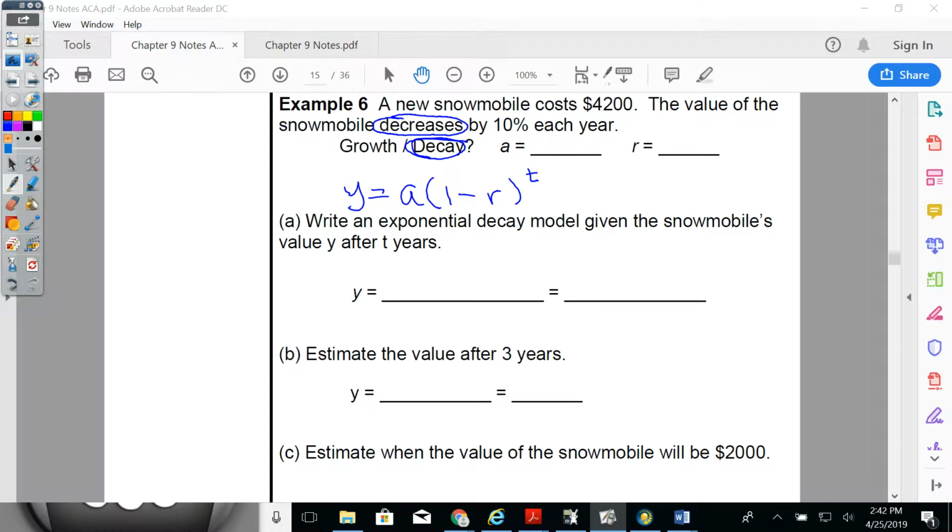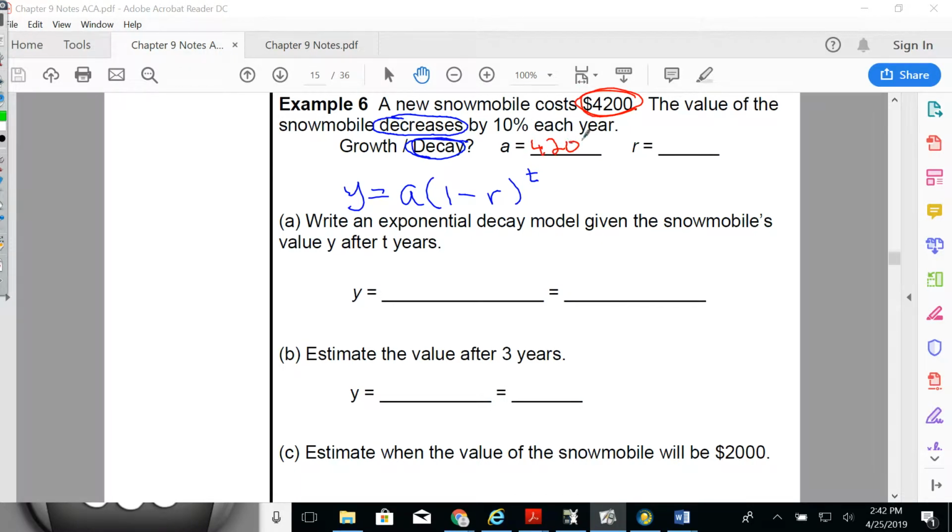So here, the $4,200 is what we paid brand new, so that's your original amount, your initial. And our rate is 10%. So 10% as a decimal is 0.10.